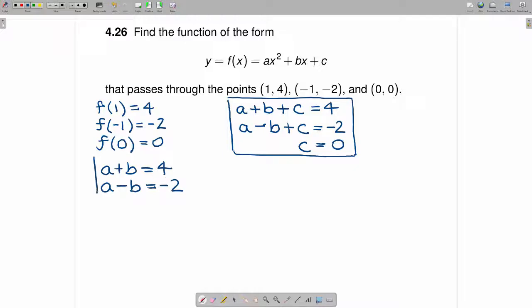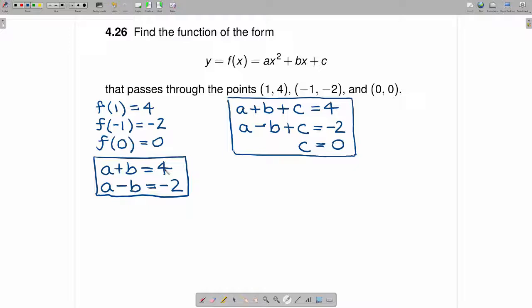So we already have one of the variables solved for, c equals 0, and we plugged that into these 2 to reduce it to a system of 2 equations and 2 unknowns.